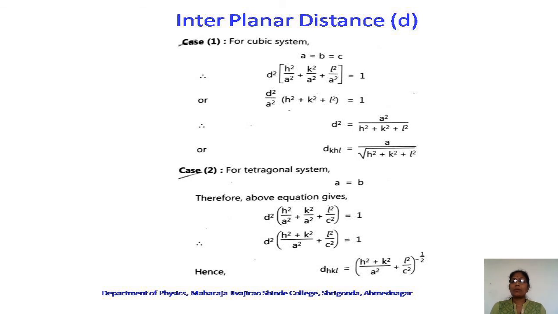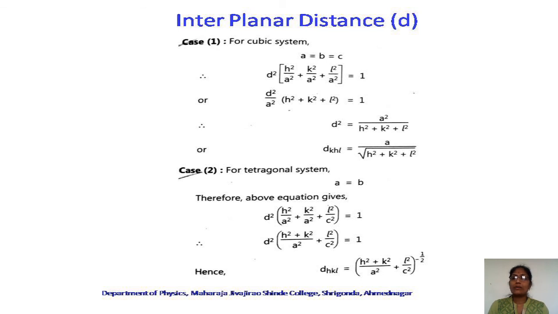Taking 1 upon a square common, d square upon a square into bracket h square plus k square plus l square is equal to 1. Hence, d square is equal to a square upon h square plus k square plus l square. d hkl becomes a upon square root of h square plus k square plus l square. This is the formula of interplanar distance for cubic system.